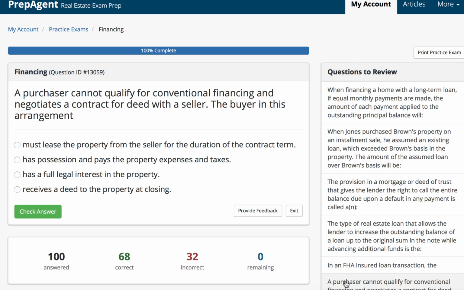Must lease the property. I'm going to say he has possession and pays property expenses and taxes.